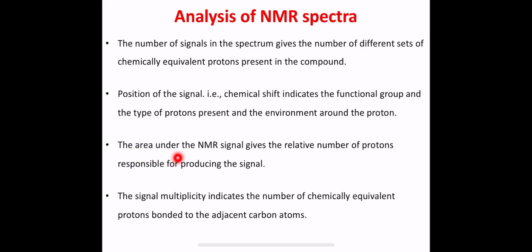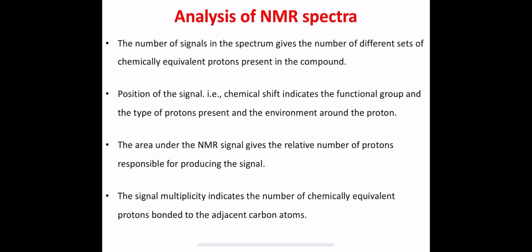And the third one is the area under the NMR signal gives the relative number of protons responsible for producing the signal. That means if we have a broad peak, then that particular set of protons is more in number. That is why we call it the relative number of protons.